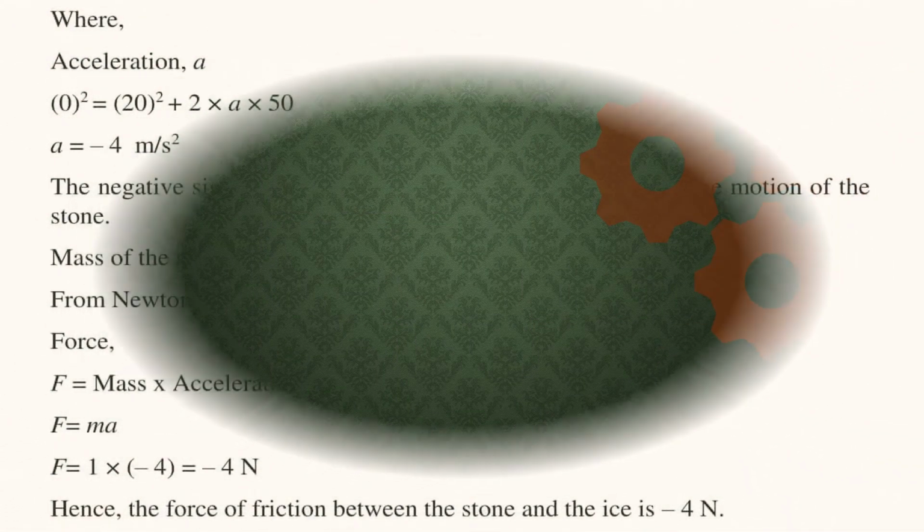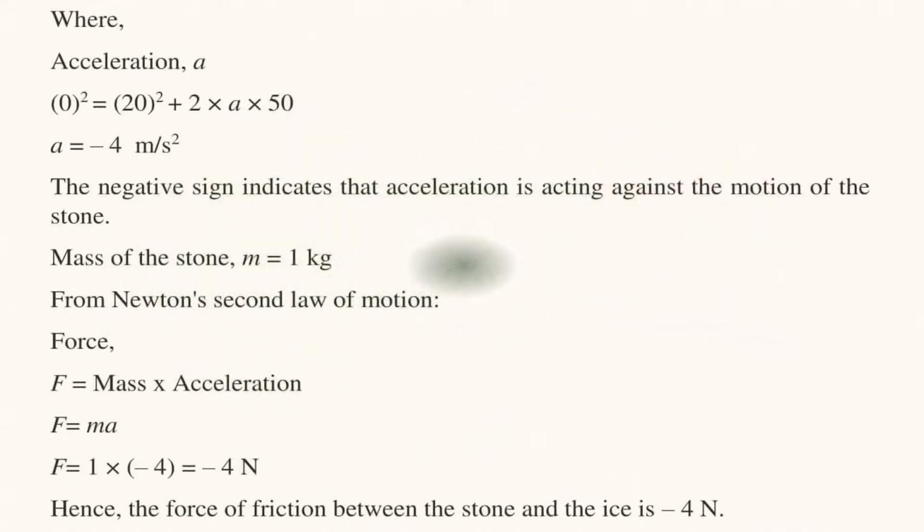While substituting the values correctly for v, u and s, you will get acceleration equals negative 4 meter per second square. Here the acceleration contains a negative sign, which indicates that the acceleration is acting against the motion of the stone. Here the speed is decreasing and the stone is coming to stop. So the acceleration is negative acceleration, or it is decelerating.